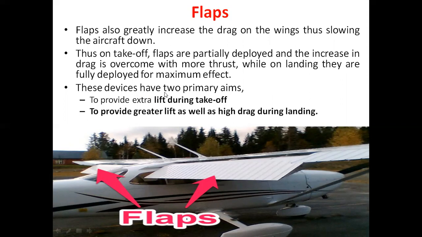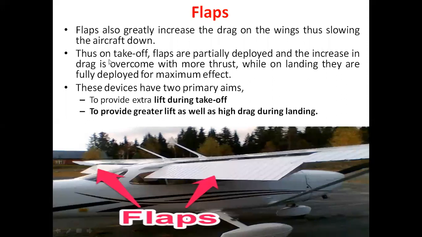So flap has two primary aims. One is to provide extra lift during takeoff, and second, to provide greater lift as well as high drag during landing. So flap is a device which can be used during takeoff and landing.